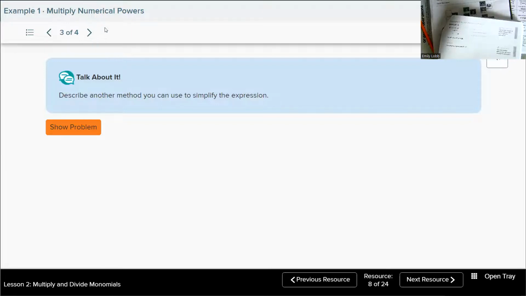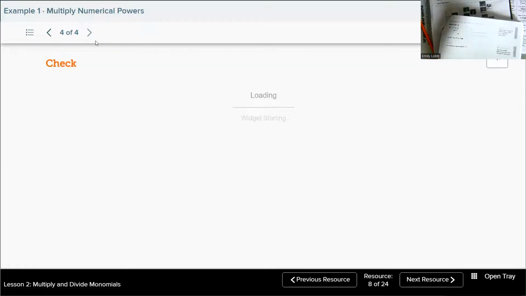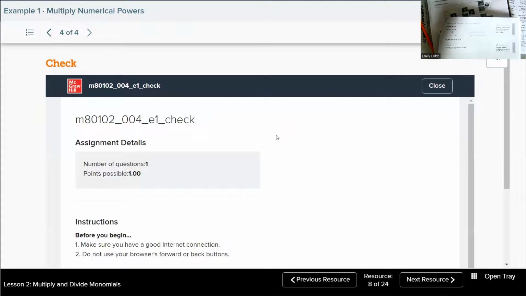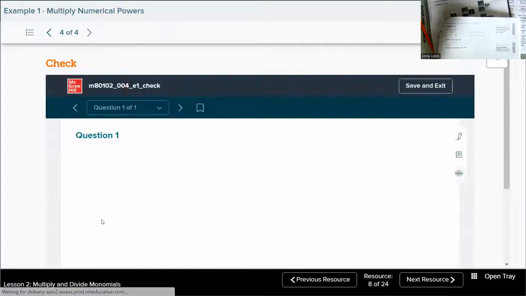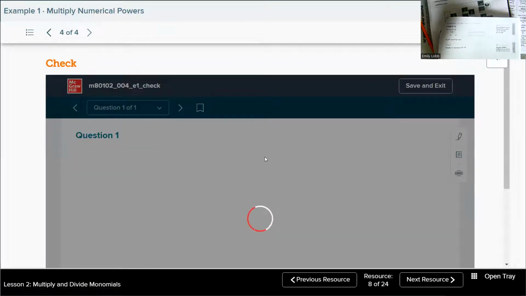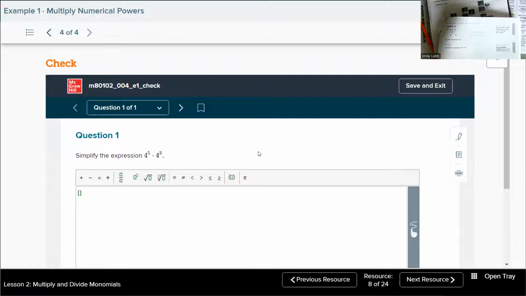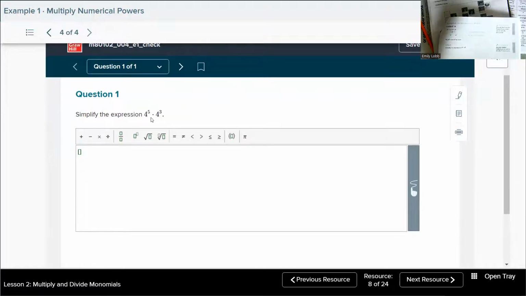Okay. All right, so we are going to check ourselves. 4 to the 5th times 4 to the 3rd. So you can write it out, or you're going to write the two bases and do what? Add the exponents. Write down how you would simplify it.